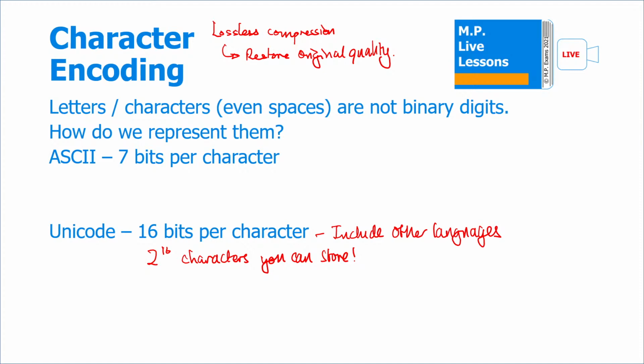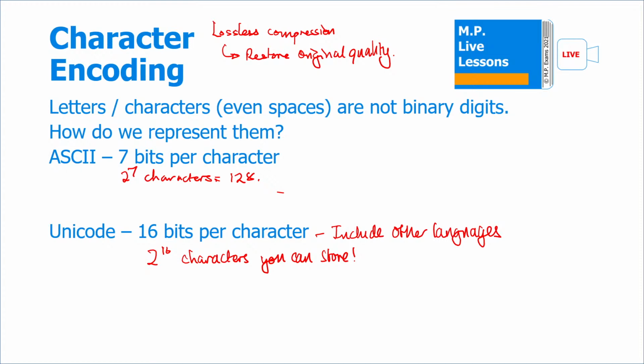Whereas with ASCII it's just 2 to the power 7, which is just 128. And for example, you can give each of these characters a decimal number as well, based on the binary digits they are represented with.